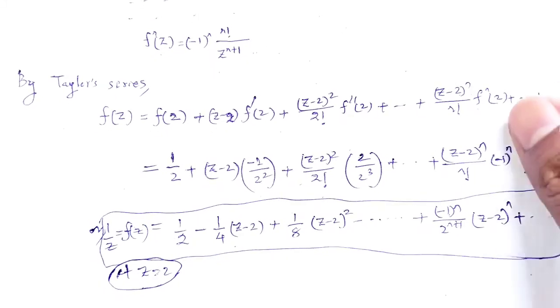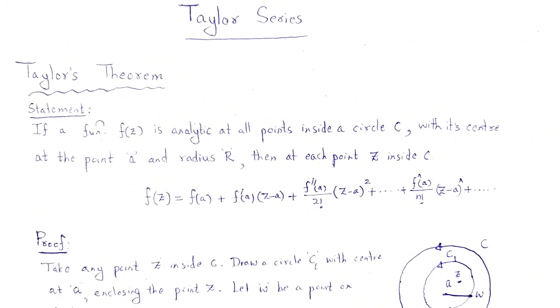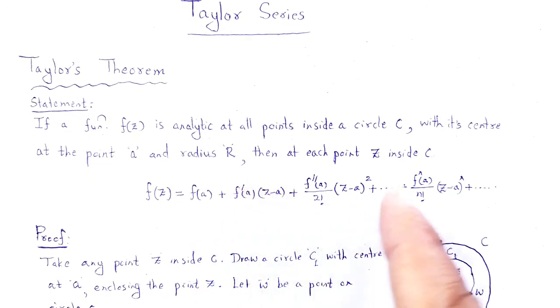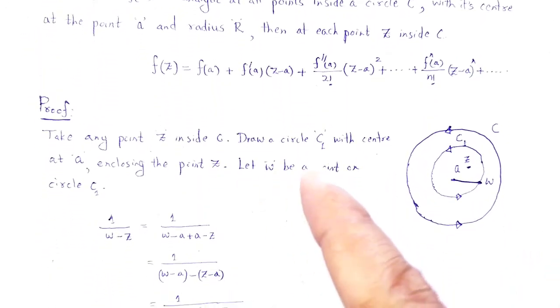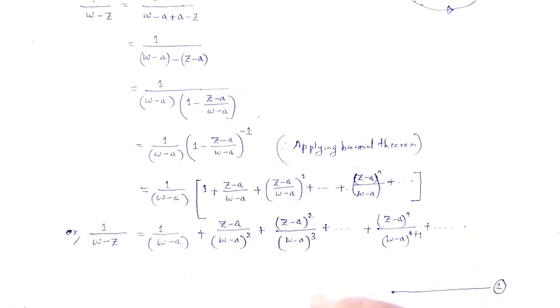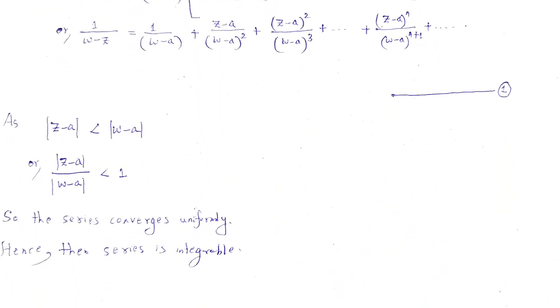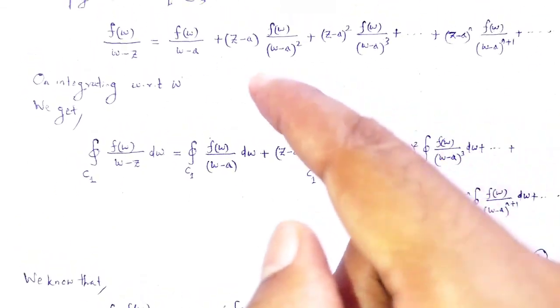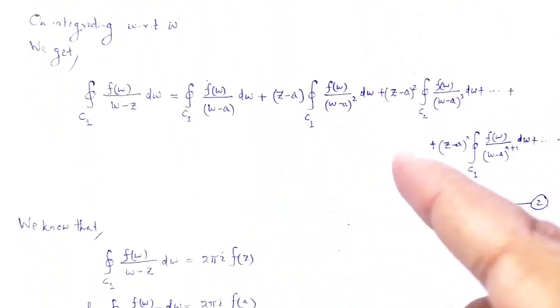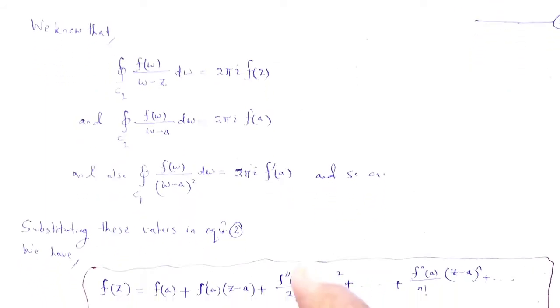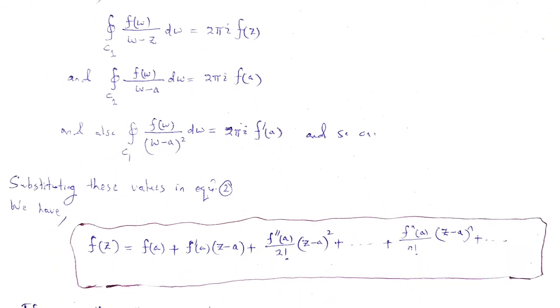So, with the help of this video lecture, we understand what Taylor's series is, its statement, and how to prove the Taylor series by using some techniques. That is the Taylor series expansion.